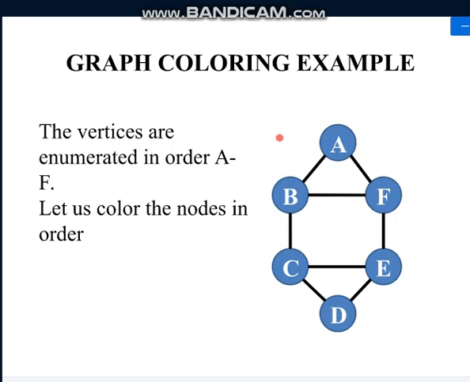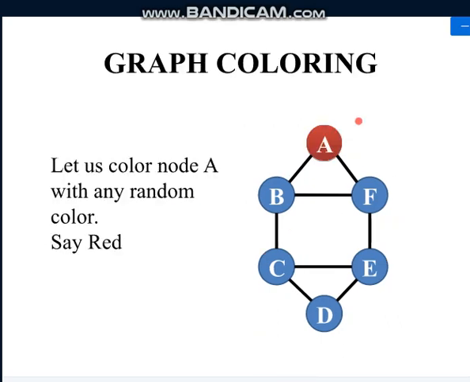So what we are supposed to do is we will start from one of the vertices. So let us assume we will start from vertex A. So you are going to start coloring the vertex A, then you will proceed with the next vertices. So here that is what we are talking about. So the vertices, let us consider the order as A to F. So let us consider first node A and let us color it with red.